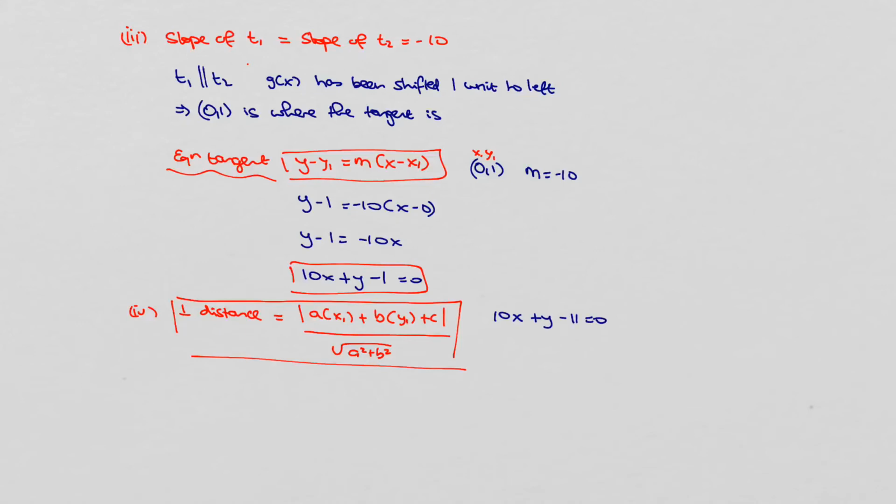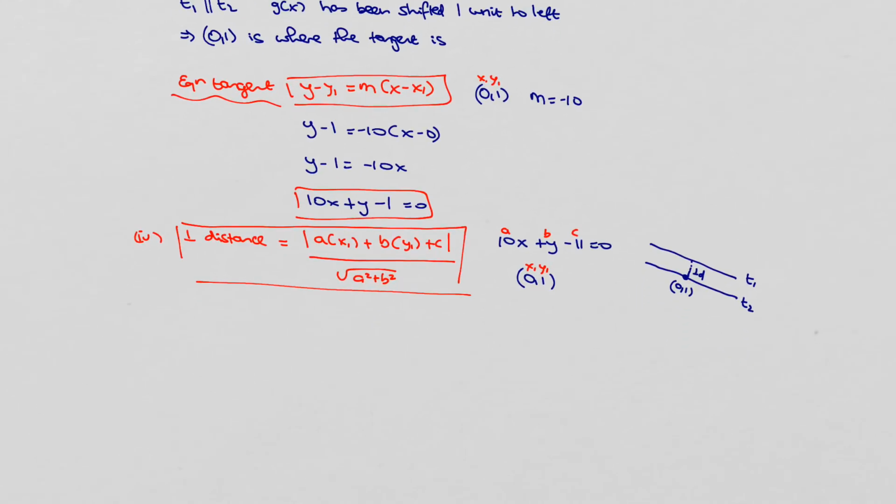And then if we take a point on the other line, t2, that means I need a point on the line so that I can find the perpendicular distance. So the point on the line we said was 0, 1. So that's going to be our x1, y1. A is going to be 10, B is going to be 1, and C is going to be minus 11.